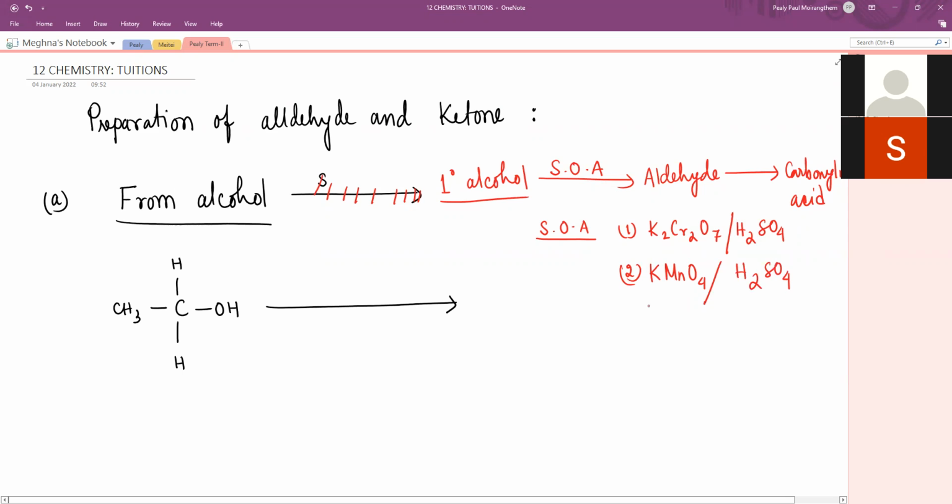These are strong oxidizing agents. Even you can use chromic anhydride, chromium anhydride. This is a strong oxidizing agent which can convert 1 degree alcohol to carboxylic acid.